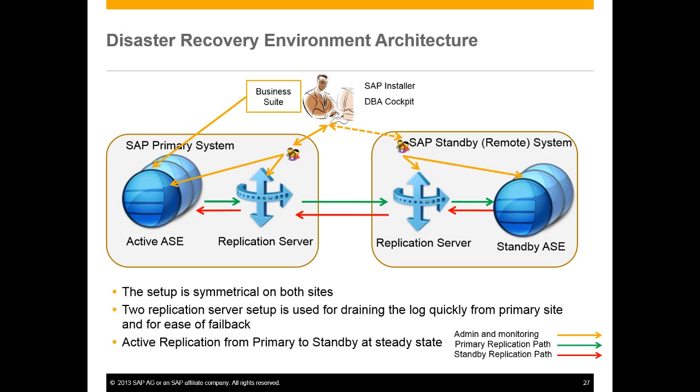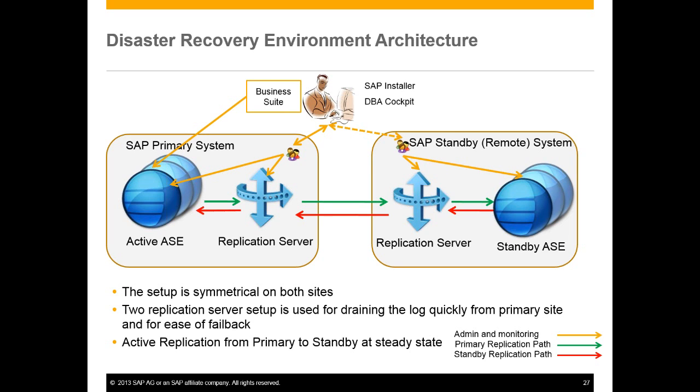So very simple. Today, this DR agent is what we first introduced in the business suite environment. Later on, we do want to introduce it to generic ASE customers as well, so you'll be benefiting from this in 2014.